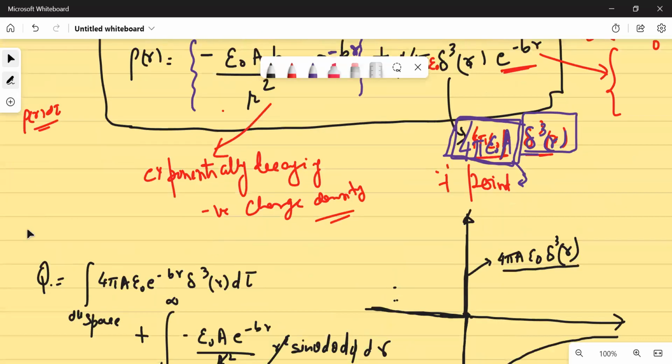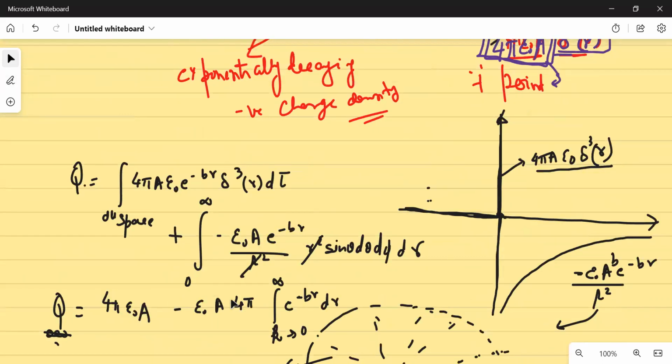So there's a b also, so it will give me some b also here. Okay, so if I integrate it all over, this is adding up. Just find if there's a mistake here somewhere. I think this is fine. Minus epsilon naught a e to the power minus b upon r square, r sin theta d theta d phi, from 0 to infinity.